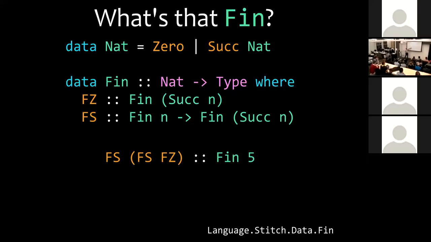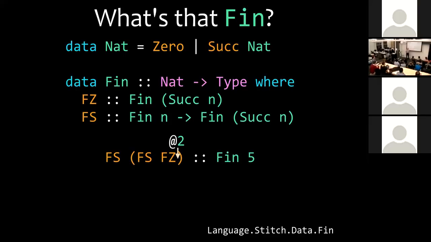So I can say that Fs of Fs of Fz, a representation of the number 2, has type Fin 5, where I've written the number 5 here instead of S S S S S Z because that would take too much space on the slide. The way that works is that whenever we say Fz, that's Fin of the successor of some number n.